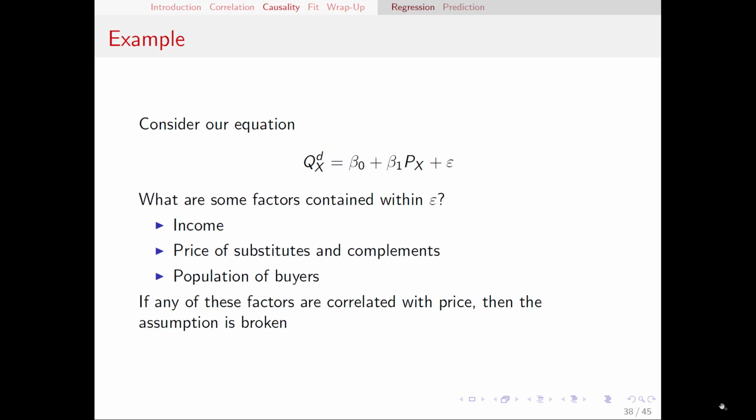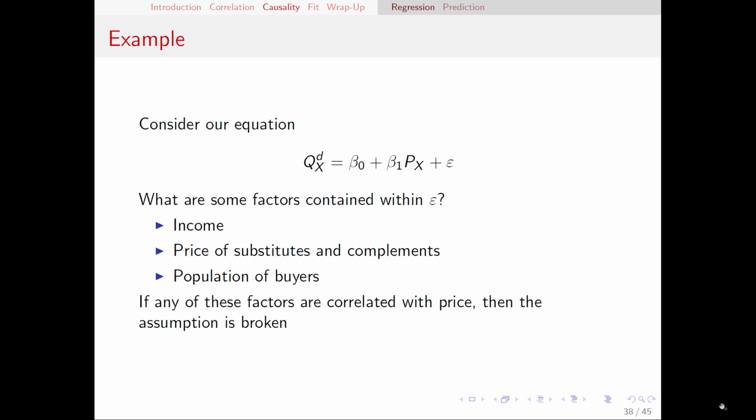Before we move on, I want to talk about our demand example and think about whether or not our assumption of exogeneity is reasonable. Remember that our error term epsilon in this equation is influenced by all of the factors that are correlated with quantity demanded, but that are not already in the equation. Currently, we only have price in the equation, so there's all kinds of stuff that could potentially be in epsilon.